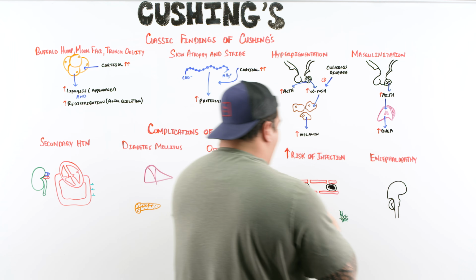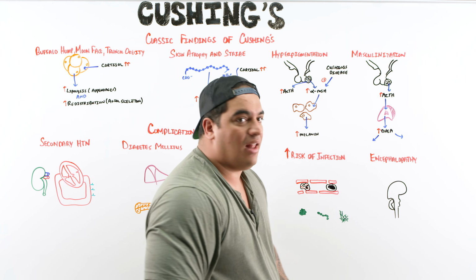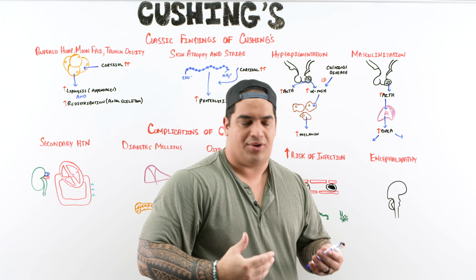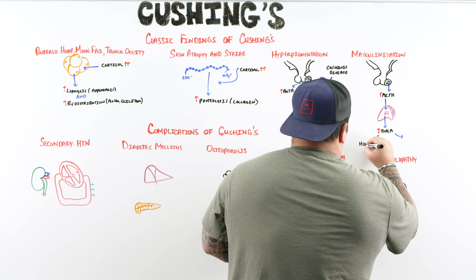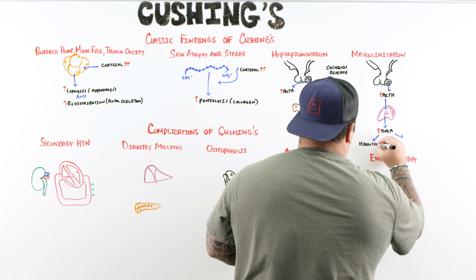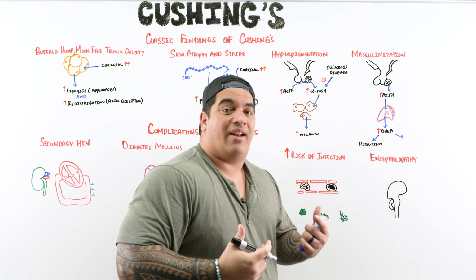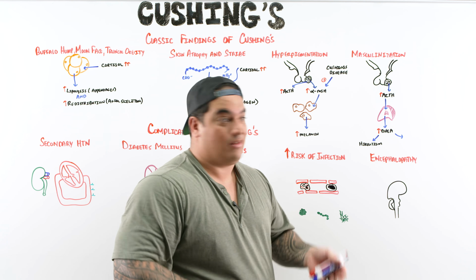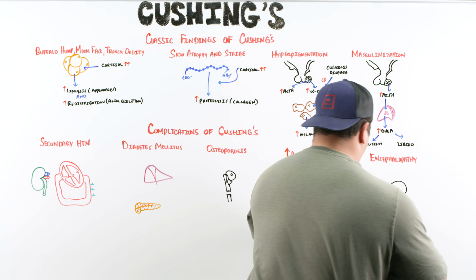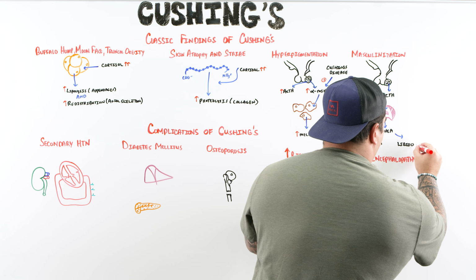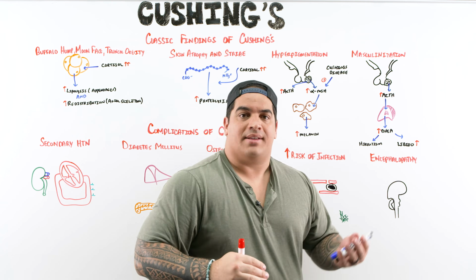When these are produced in high levels, these patients will exhibit more masculinization features. In other words, they'll get pretty hairy. They start growing like a full beard. It's called hirsutism, okay? The other one is they can also get a very interesting type of libido that goes crazy. So these are the two particular features that you may see: hirsutism and increased libido, and acne. Hirsutism looks a little bit like this.